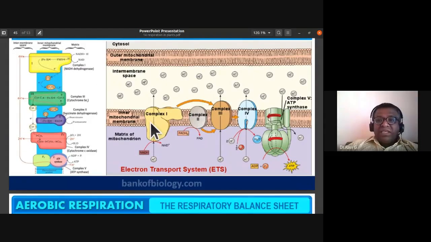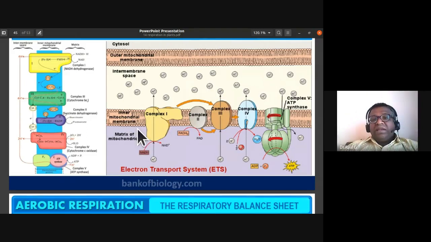This is the diagram that has been given in your book. This is the cytosol, that is the cytoplasm, then the outer mitochondrial membrane and the inner mitochondrial membrane. In between them there is the intermembrane space, which has the protons.